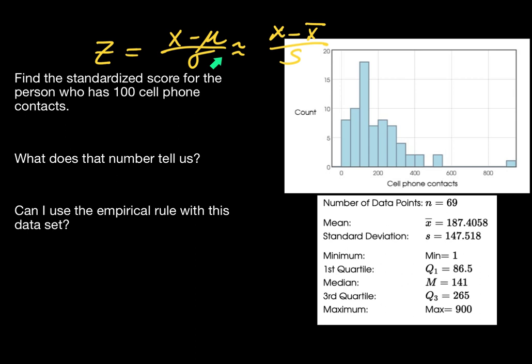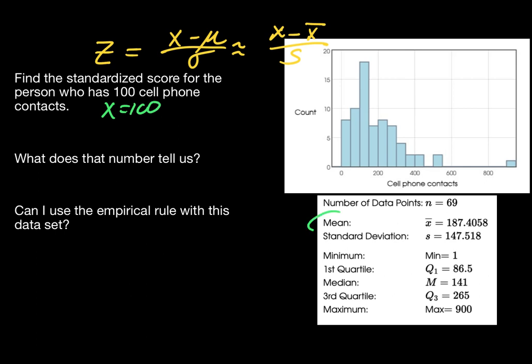All right, and eventually it'll be a t-score, and then later on it'll be a chi-squared value or an f value. And they'll all pretty much have the same idea and concept behind how we do it, but we got to start somewhere, so we're starting with this one. So x minus mu over sigma, or x minus x bar over s. X is always the data value that we're wondering about. So in this case, my x is 100.